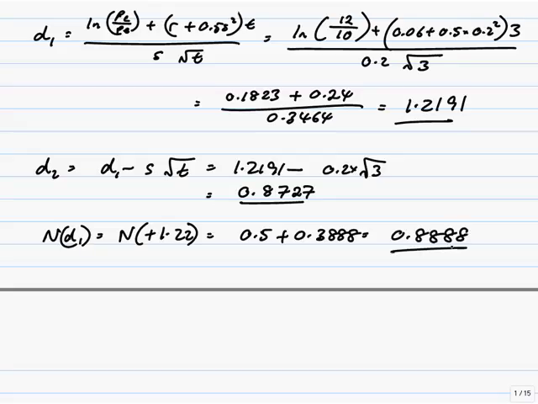So N(d1) is 0.8888. N(d2) is N of plus 0.87. Again positive, so 0.5 plus table figure, and 0.87 is 0.3106.